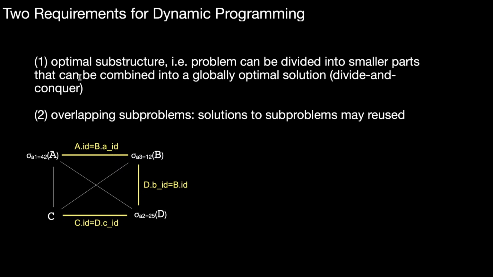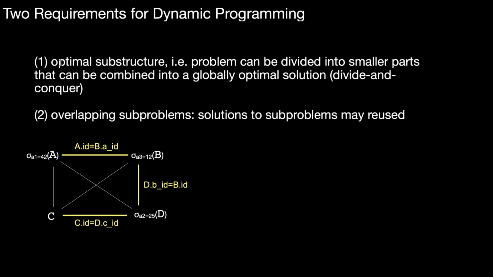And that only works if you have an optimal substructure. So you can divide the problem into smaller problems, you solve the smaller problems optimally, and then you can reassemble them to come up with a globally optimal solution.